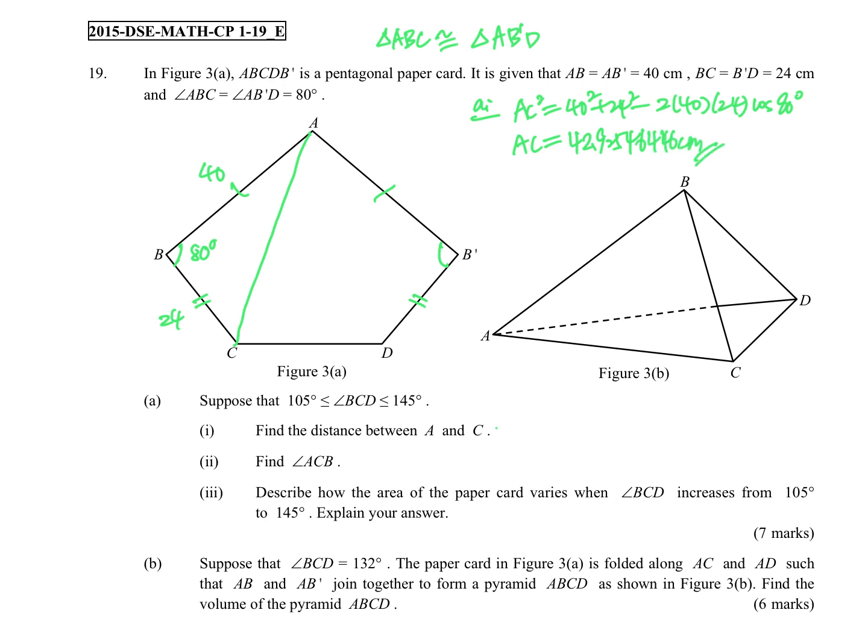So that's part A1. And then angle ACB, this angle, is A2. Sine angle ACB over 40 equals sine 80 over AC, which we found just now.